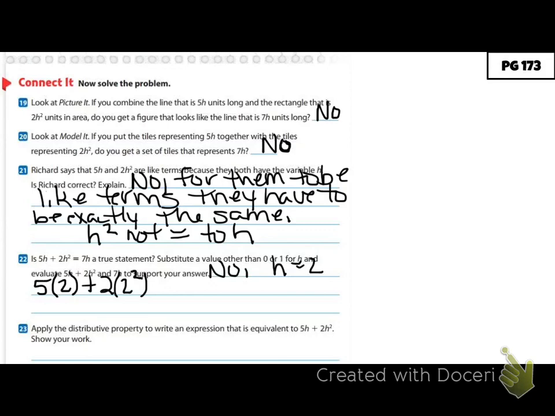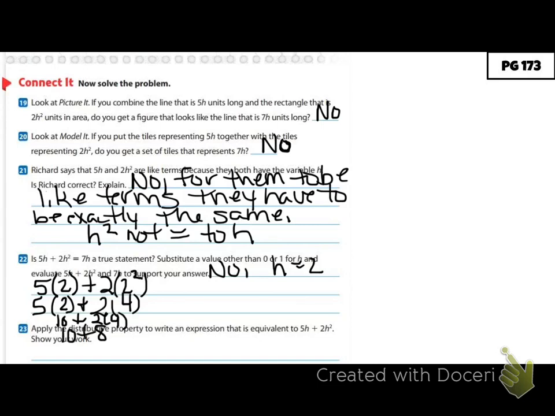let's solve this. Order of operations, start with your exponent. 2 times 2, or 2 squared, is 4. Bring everything else down. Now we can multiply. 5 times 2 is 10. Bring everything else down. 2 times 4 is 8.